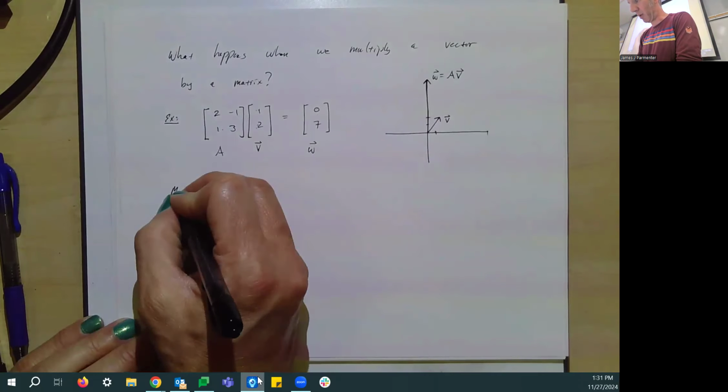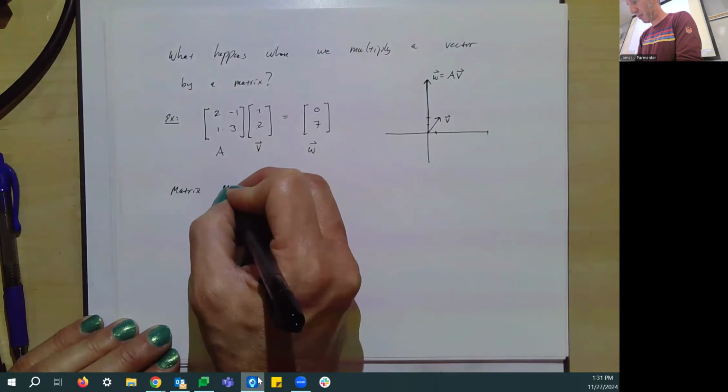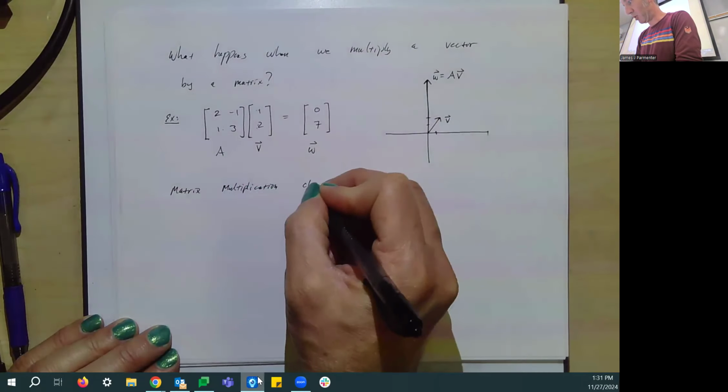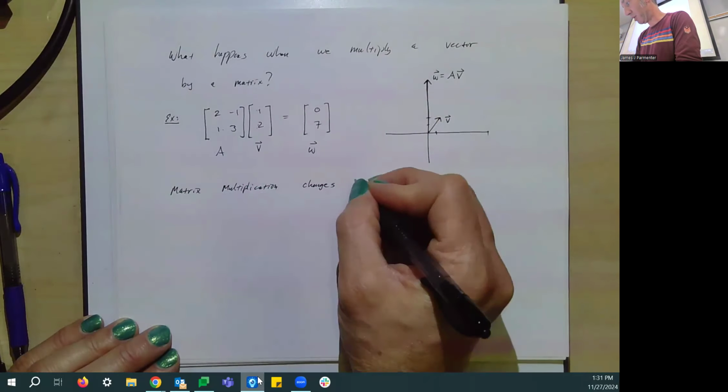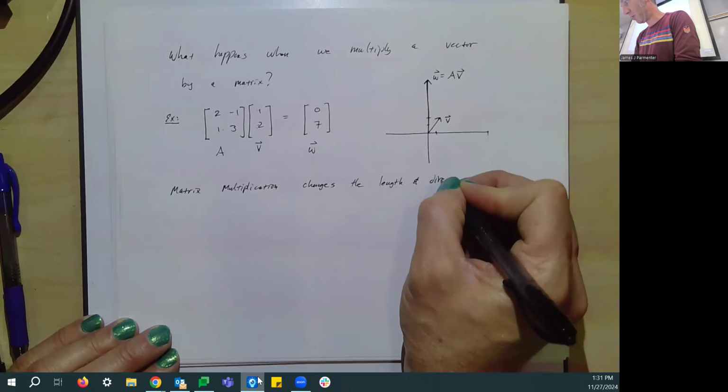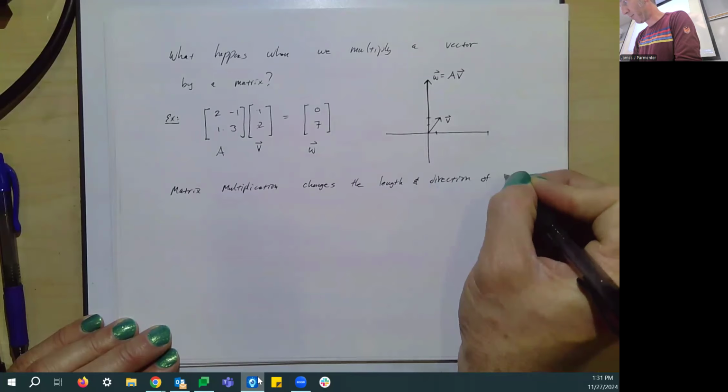Matrix multiplication can change the length and direction of your vector.